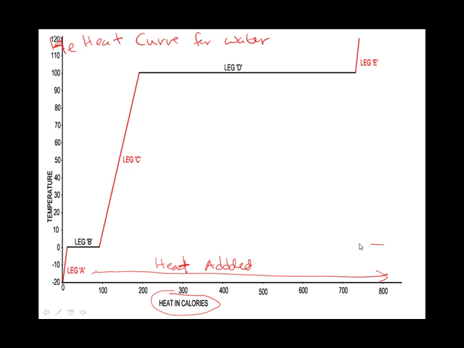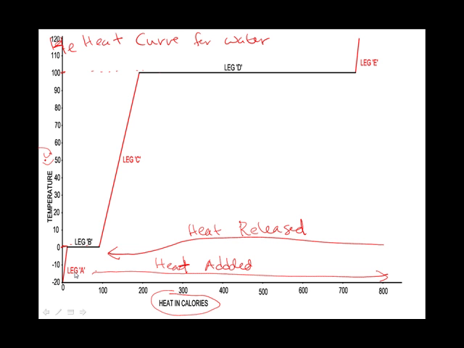As you go from right to left, heat is being released. The y-axis is temperature in degrees Celsius. Here is 0 degrees Celsius, which corresponds to leg B, and here is 100 degrees Celsius, which corresponds to leg D.